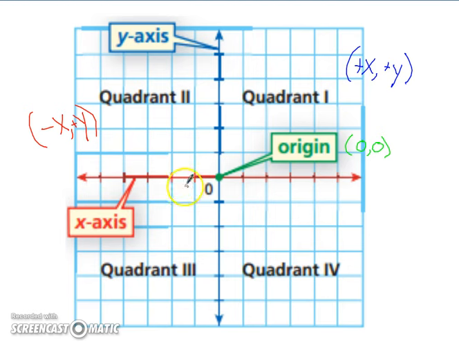Quadrant 3 is to the left of 0 and below 0. So our x values and our y values will both be negative. And to the right, we have quadrant 4. So we have a positive x value, but a negative y value because we're still below 0.